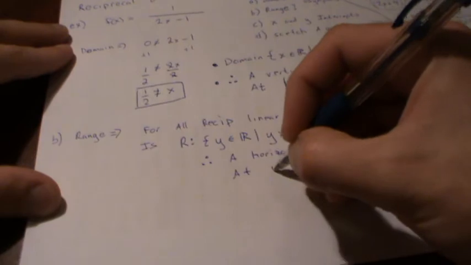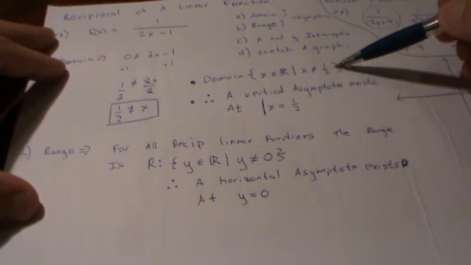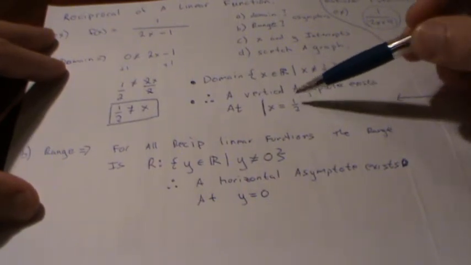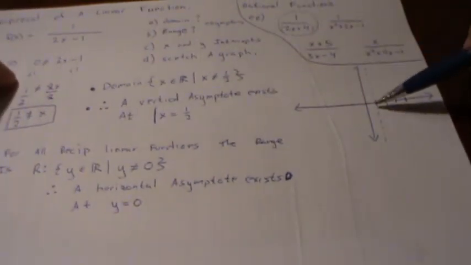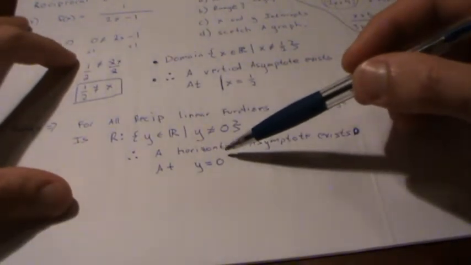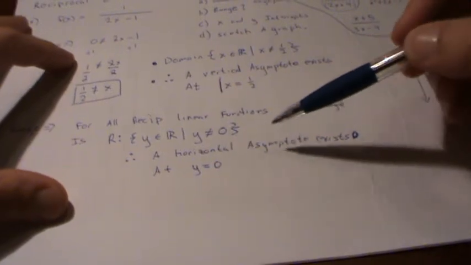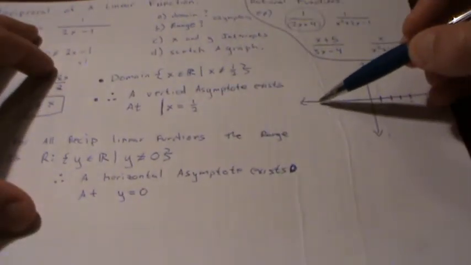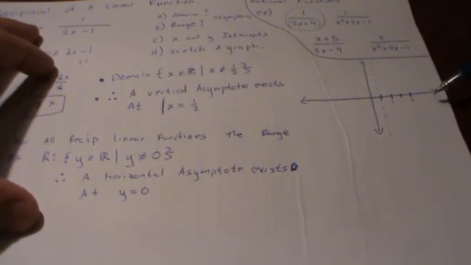at y equals 0. So notice for these, the domain restriction produces a vertical asymptote, and that's because we can't put in this x value. The range restriction creates a horizontal asymptote, and that's because we can't get this y value out as a result.